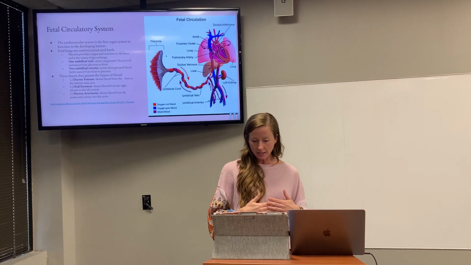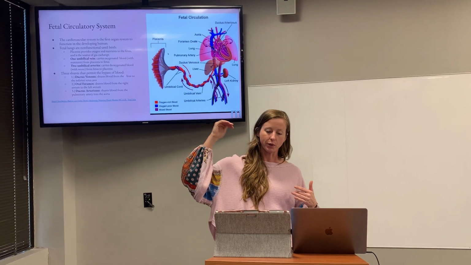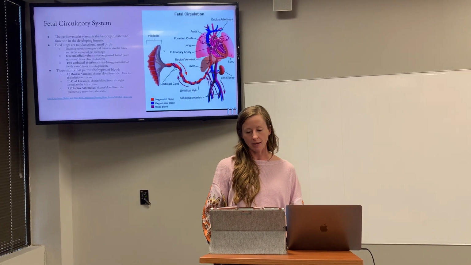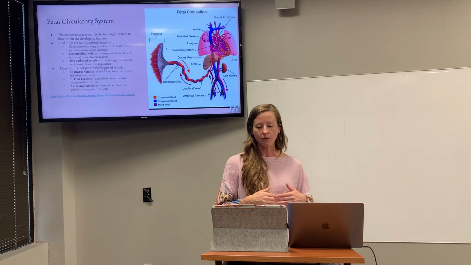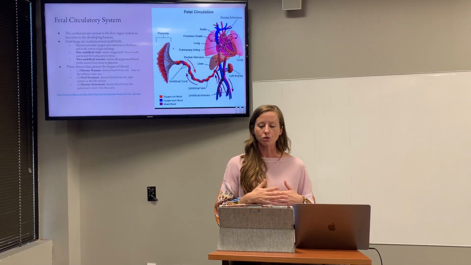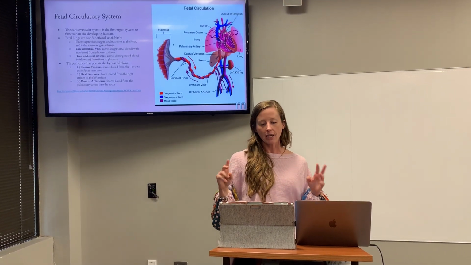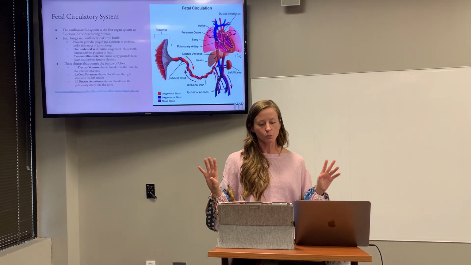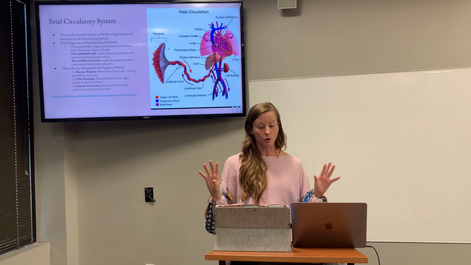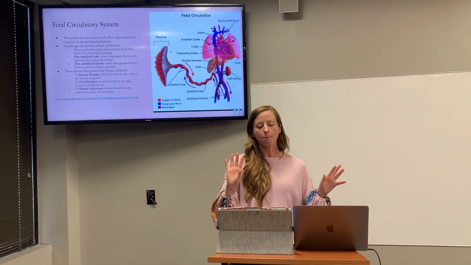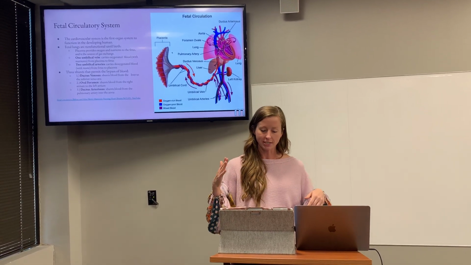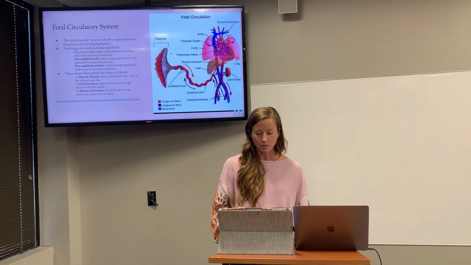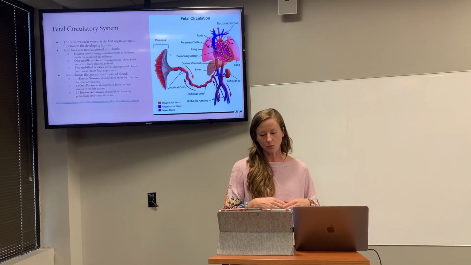Now, simultaneously, deoxygenated blood is flowing in from the superior vena cava, and most of this blood flows into the right ventricle. It is pumped through the pulmonary artery, and some of the blood will be sent to the lungs, but that's really just for tissue growth and health. Most of that blood is going to be shunted via the ductus arteriosus from the pulmonary artery into the aorta.